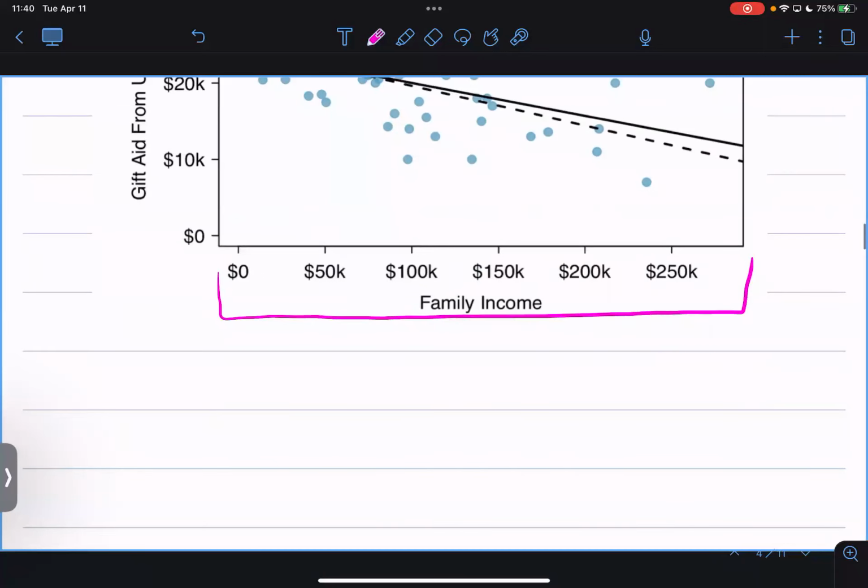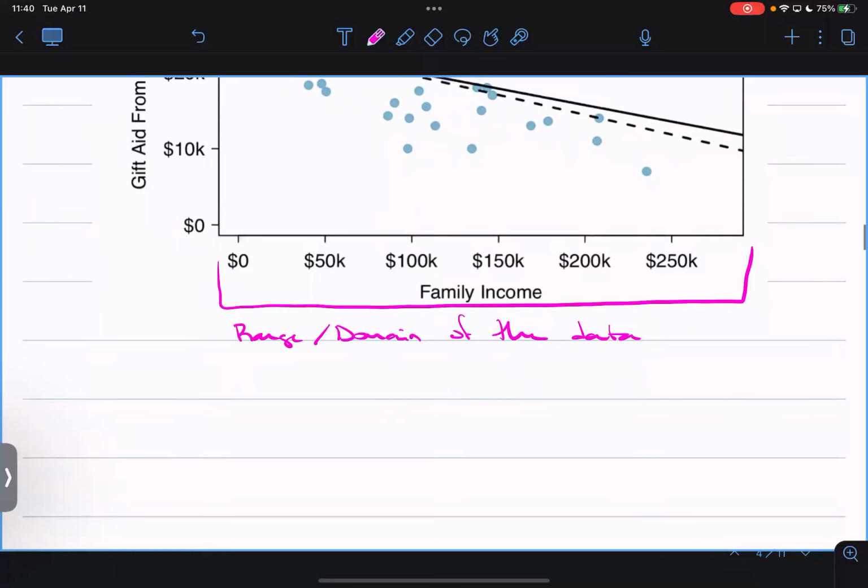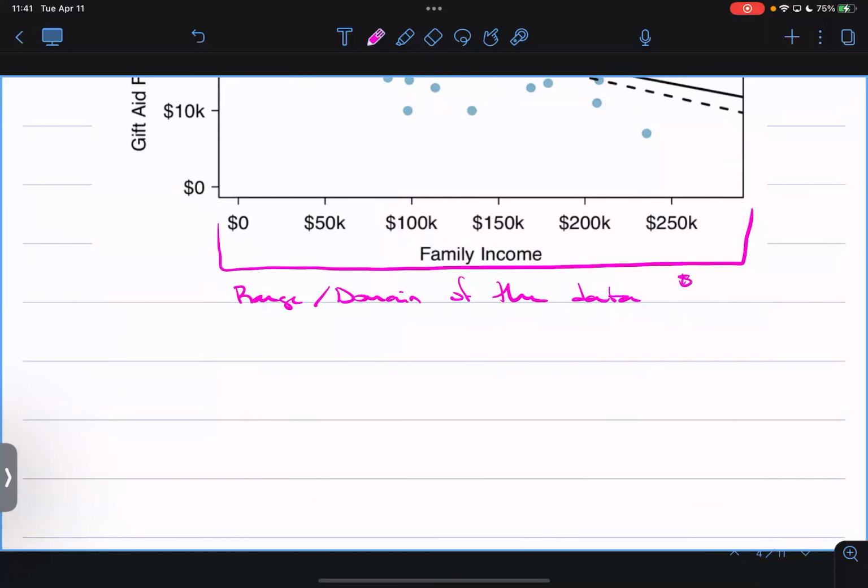But here, the range or domain of the data is from 0 to roughly 300,000 per year in family income.